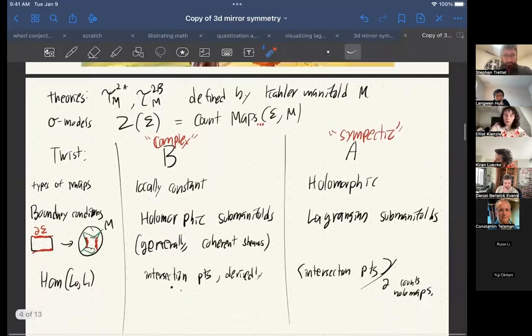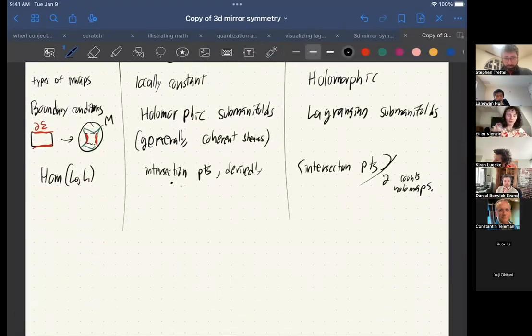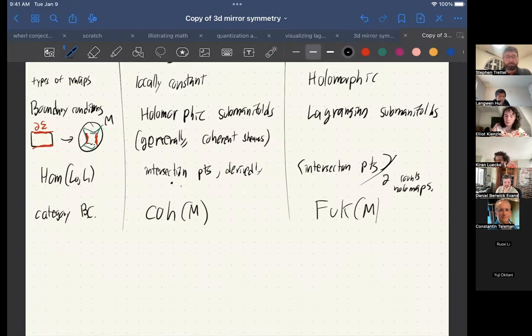Altogether, we have the statement of homological mirror symmetry, which says that we can think about the category of these boundary conditions. On the left side, it's the category of coherent sheaves on M, and on the right side, it's this Fukaya category of Lagrangian submanifolds.